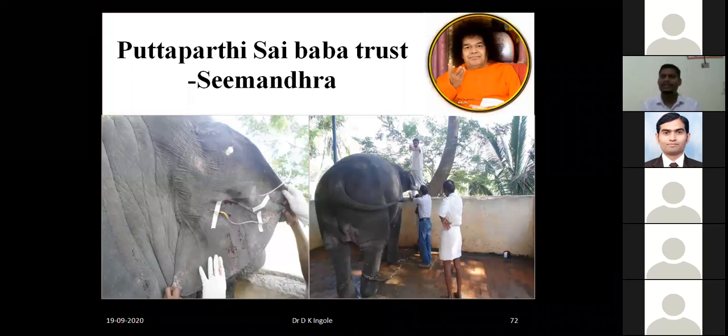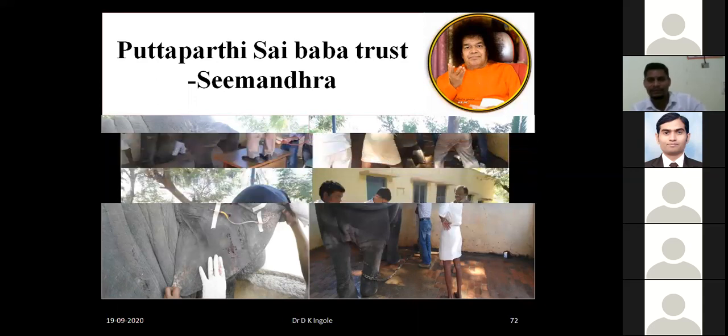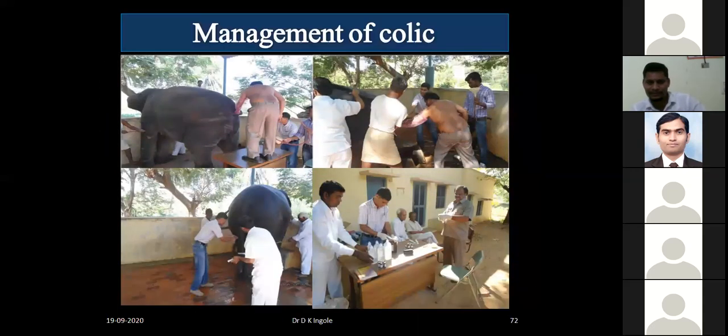The colic treatment is similar to a horse. First identify the cause, whether it is dietary, or toxemia, or septicemia due to bacterial intoxication, or endotoxemia. Based on that, we can treat: use 20 to 30 liters of fluid therapy, give some analgesic and some purgatives. Like that, similar to a horse, we have to manage the colic.